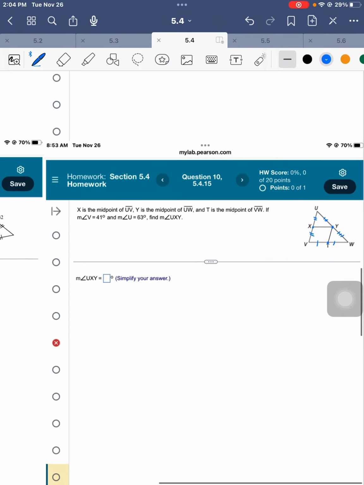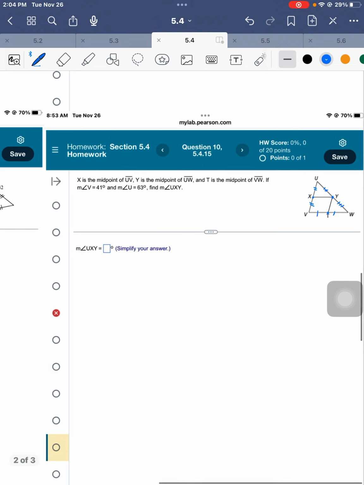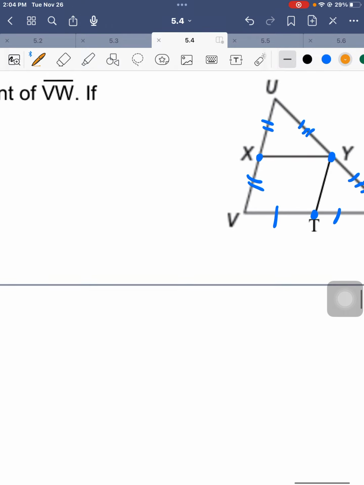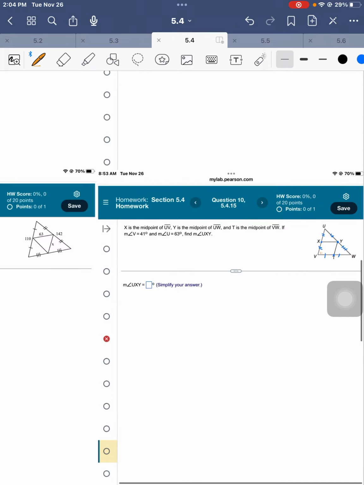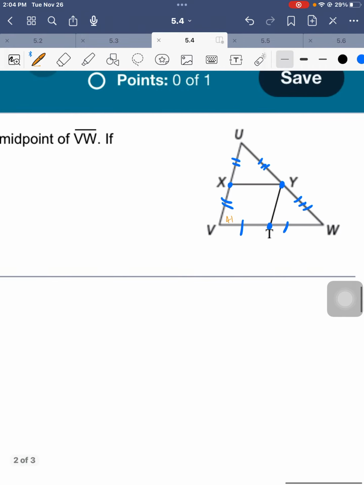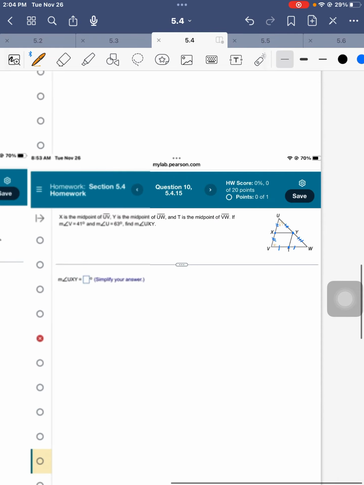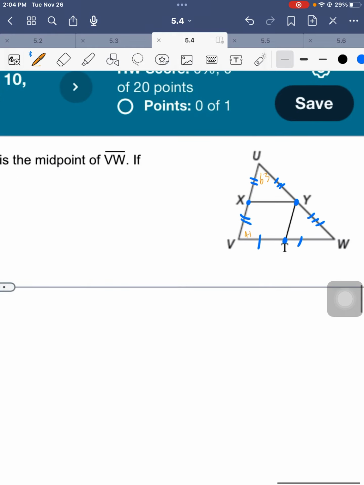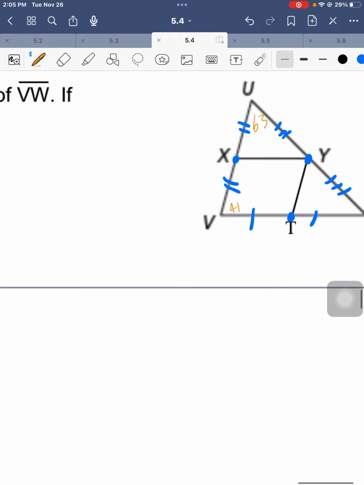If MV is 41, U is 63, and yeah, so find UXY. Okay, so they want me to find this part right here. So I'm going to find this part.